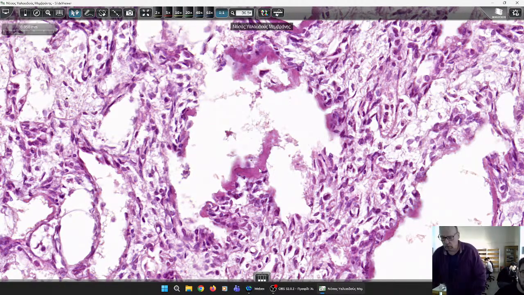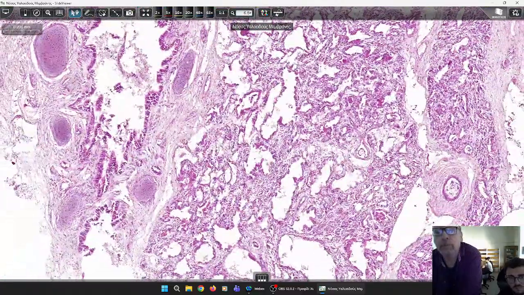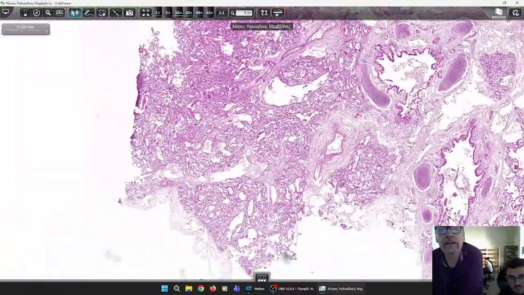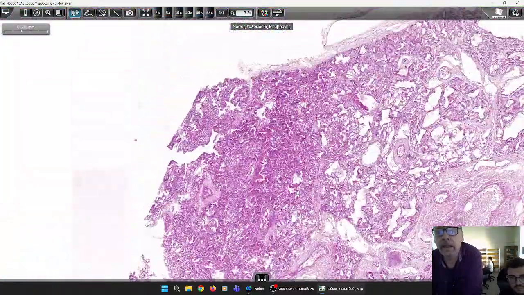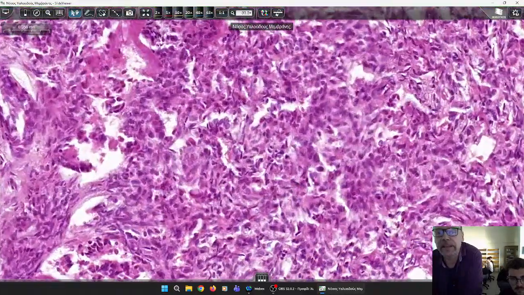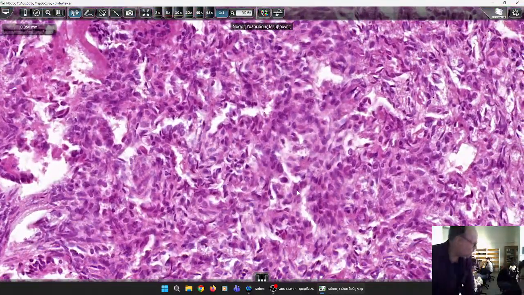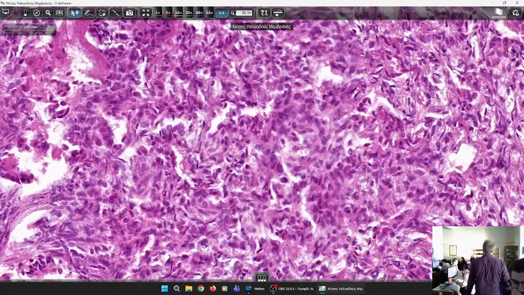But let me look for an atelectatic area. Yes. This is atelectasis. You see? There is not enough air space in the alveoli, and this is atelectatic. In this case, due to absence of surfactant production. So, this is the case of an ARDS in the newborn.